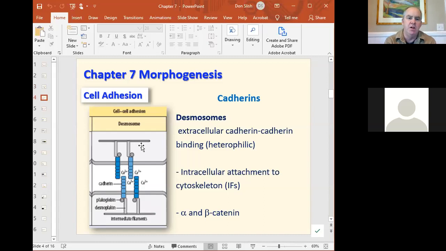And another difference here is you're connecting your cadherin to intermediate filaments rather than microfilaments. And they're being attached there by alpha and beta catenins again. Plakoglobin is another. So I haven't told you all the structural proteins connecting these, and don't worry about them. But the beta and alpha catenins are important.